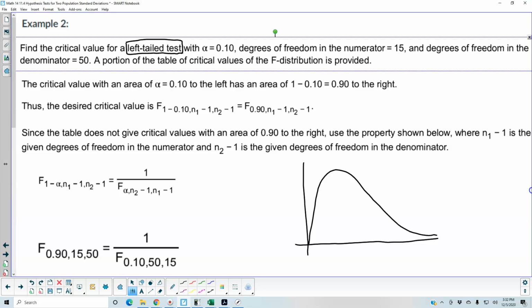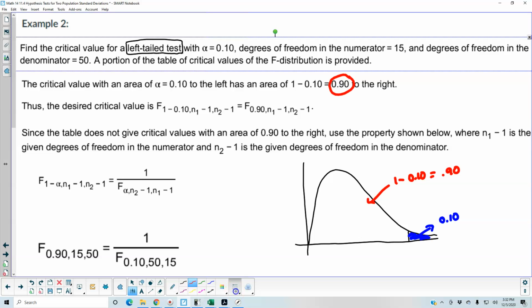On this side, this area represents 0.10, and the area inside here represents 1 minus 0.10, which is equal to 0.90. So that is this number here.